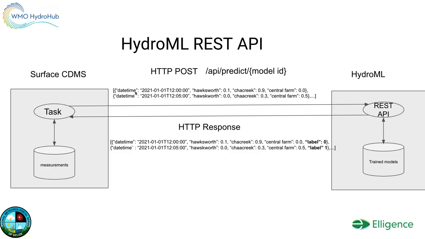And the payload is made of the datetime, a timestamp in general, plus all the readings that you want to get involved in the machine learning training, and finally a label that we can use to understand if this does reflect good data or bad data. The return comes with a similar response, including the label as well.